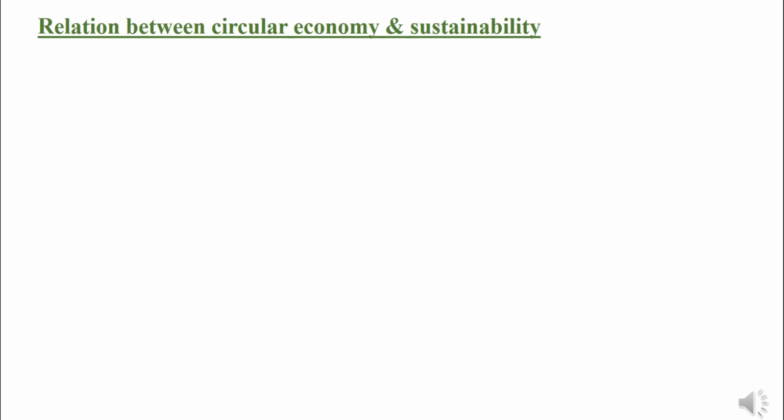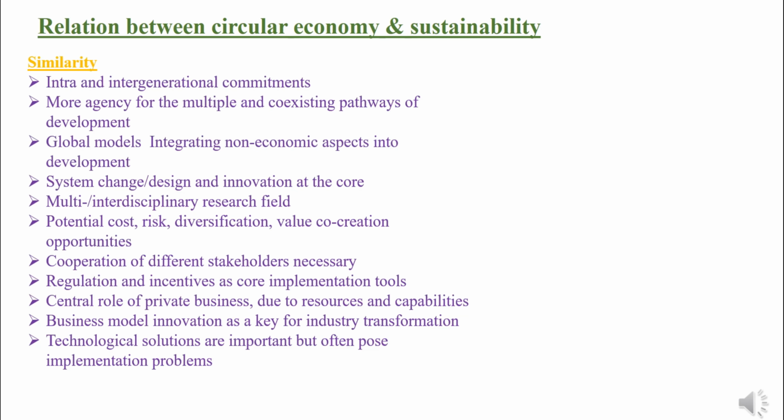Now, how circular economy and sustainability are related? So it is an intergenerational commitment. Both circular economy and sustainability cannot happen in one day, 2 days, or a year or five. It is intra and intergenerational commitment. It requires years long of commitments to be followed, and then only it can be achieved.